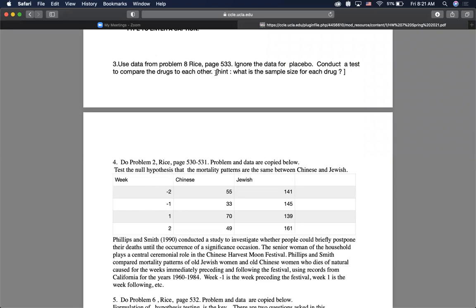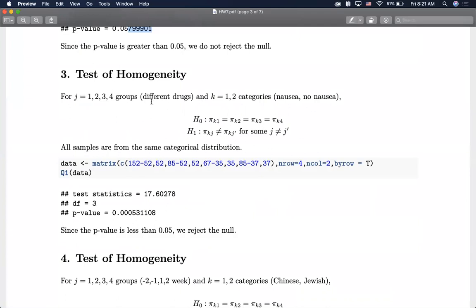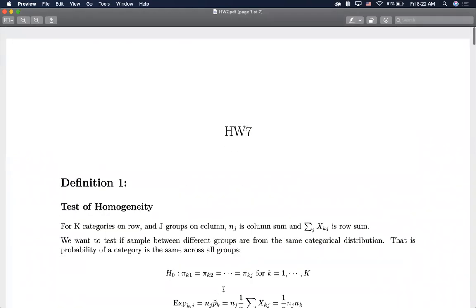For that problem, that is for the test of homogeneity. So we have 4 different drugs on the row. If you see that table, it has the group on the row and the category on the column, which is the opposite of what the example shows, or what I meant in here.